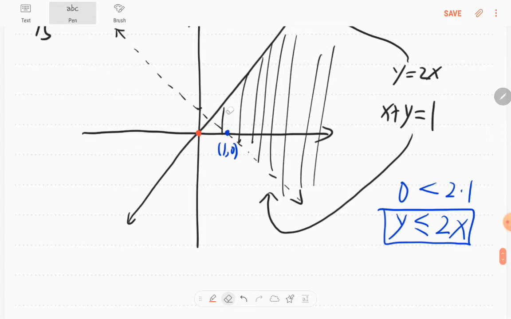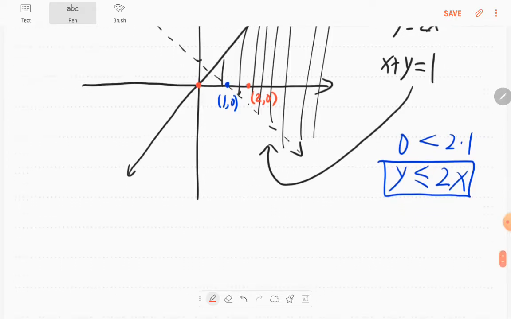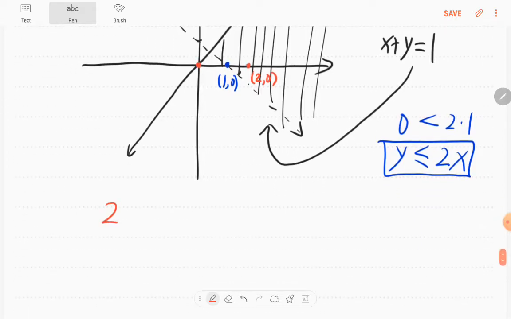For this region of the dashed line, we pick another point, the (2, 0) point. The (2, 0) point should satisfy the inequality. So 2 plus 0 and 1 here, it's 2, which is greater than 1. That means x plus y should be greater than 1.